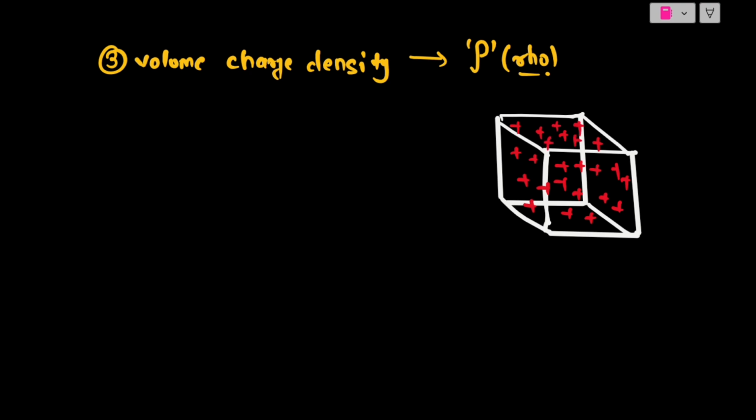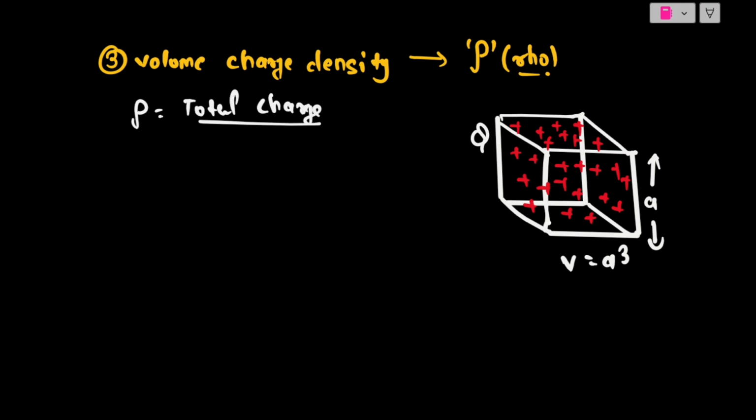Now if the side length of the cube is A, then the volume of the cube will be A cube. And if the total charge is, let's say, Q, then we can write the volume charge density: rho is the total charge per unit volume. So rho is basically charge over volume, right?